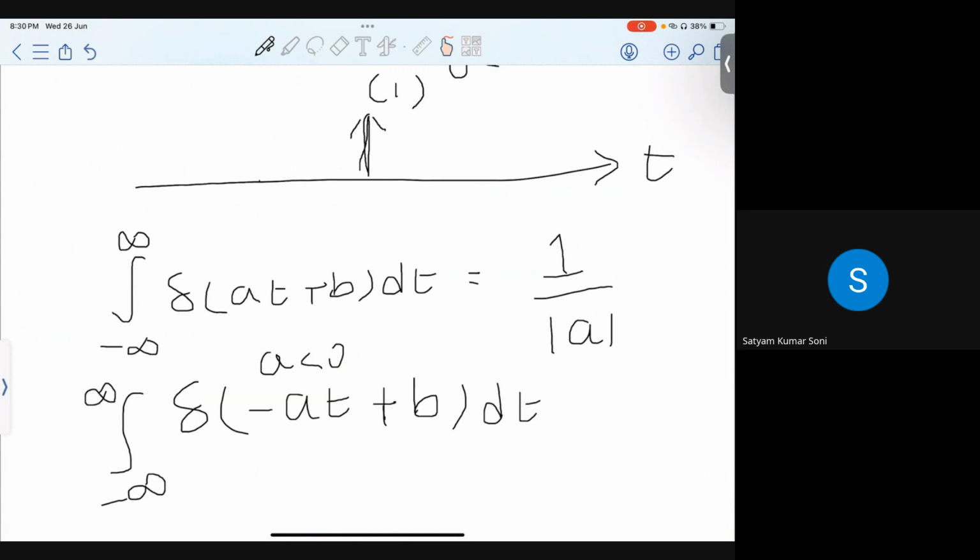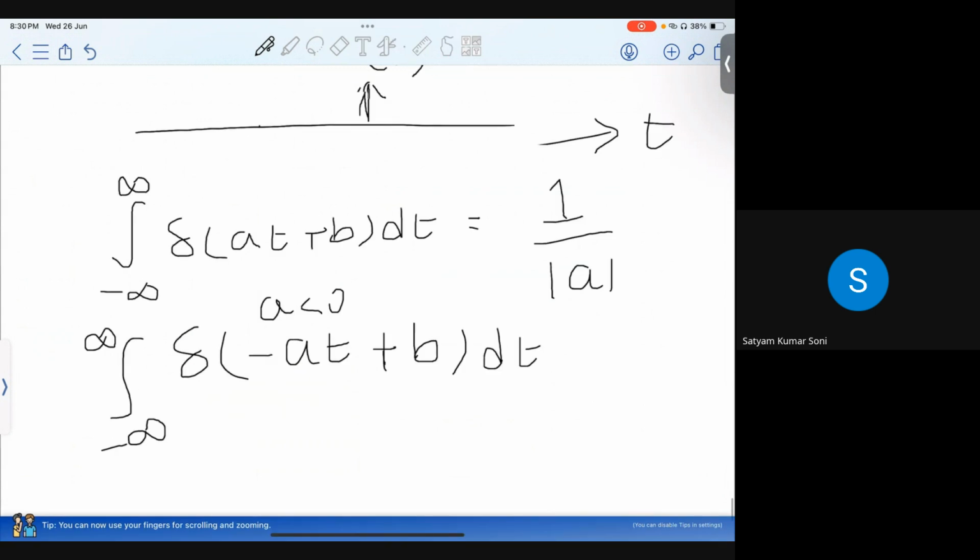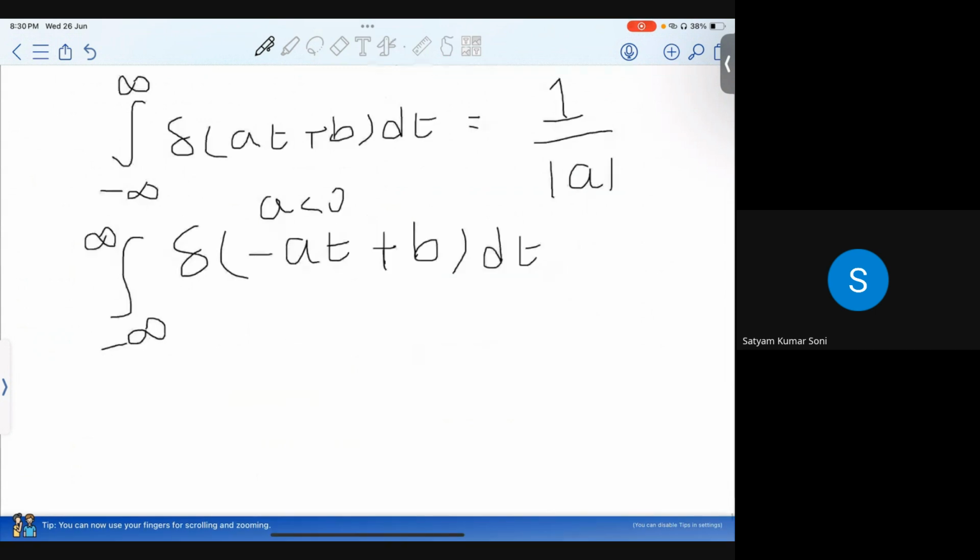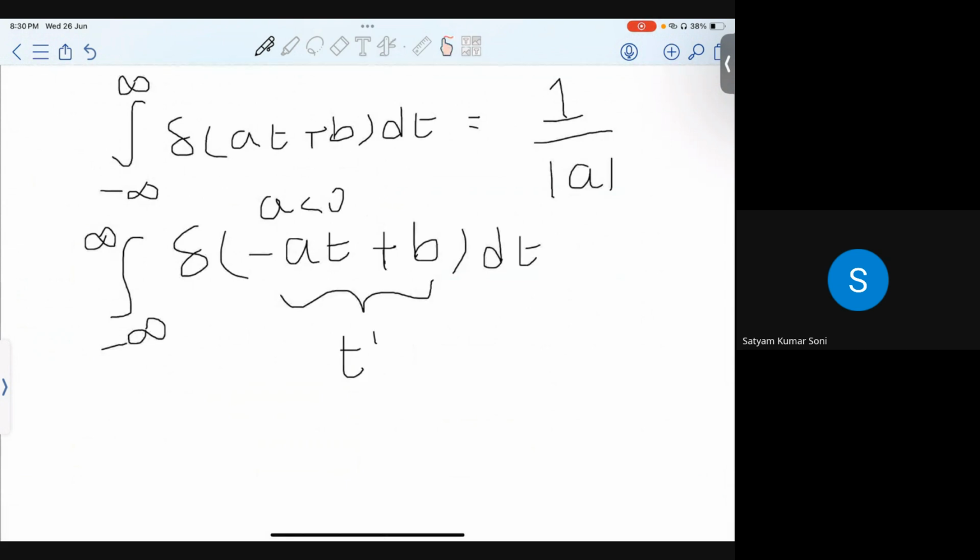Now what you're supposed to do is let this entire expression, minus at plus b, be some t prime. When you call this t prime, what happens to dt prime? dt prime is nothing but minus a times dt, right?